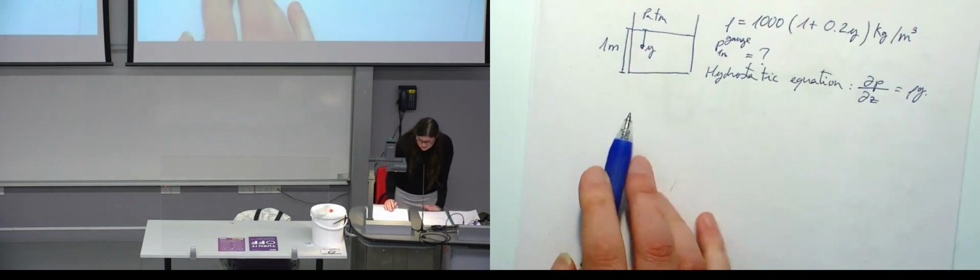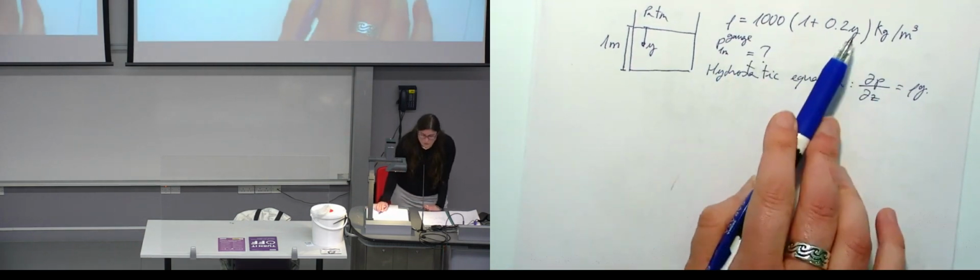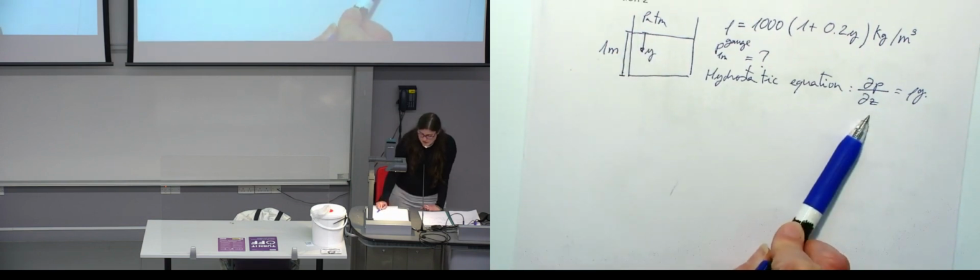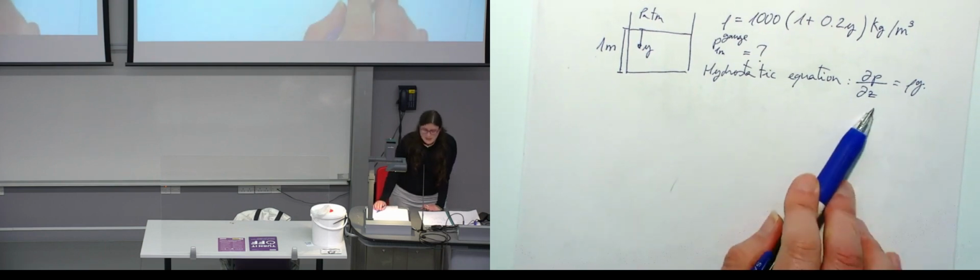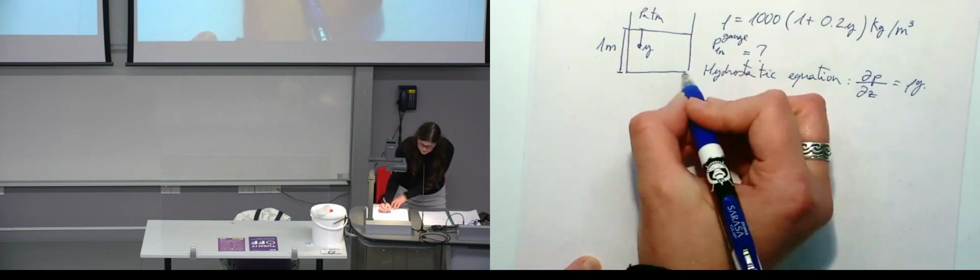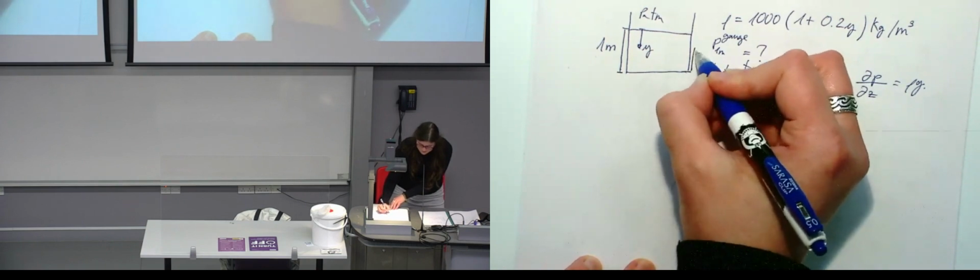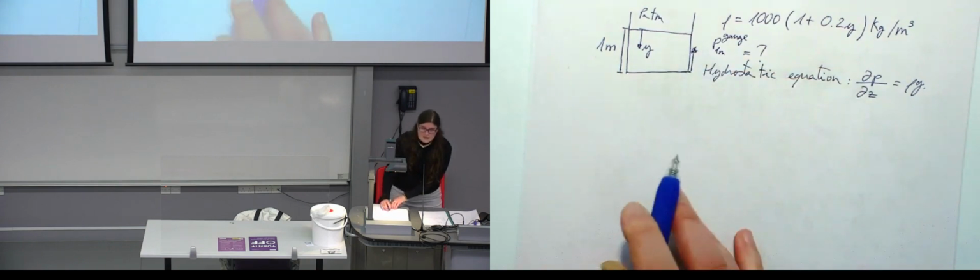But in this case, the density depends on y, which is the distance from the surface. But the hydrostatic equation is in z, and z is the depth, the distance from the bottom to the surface.